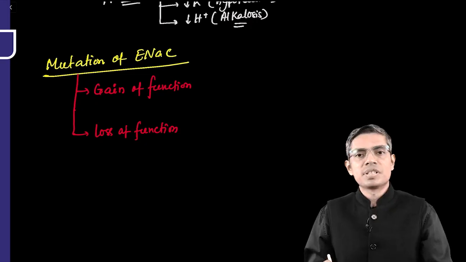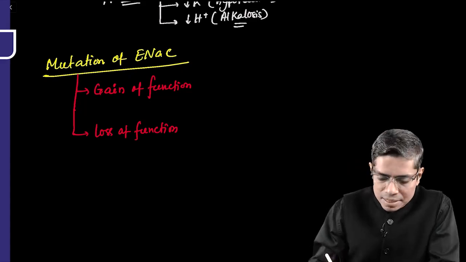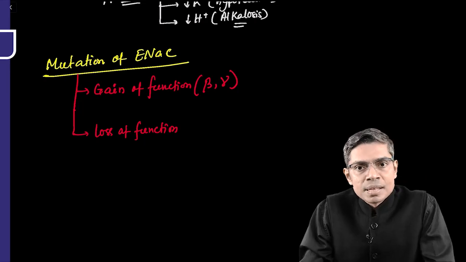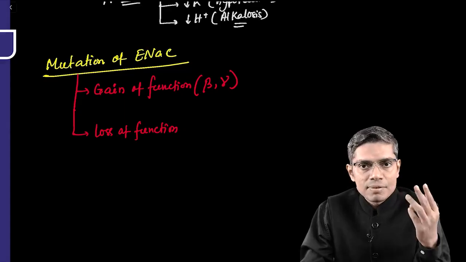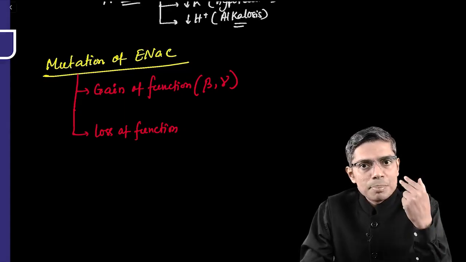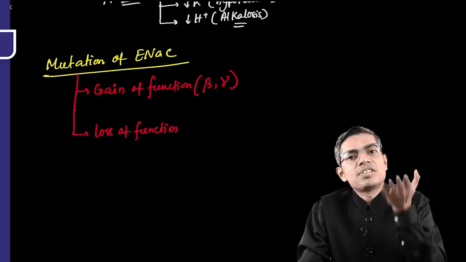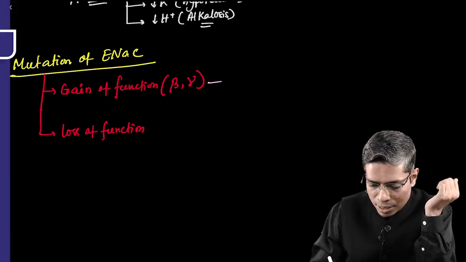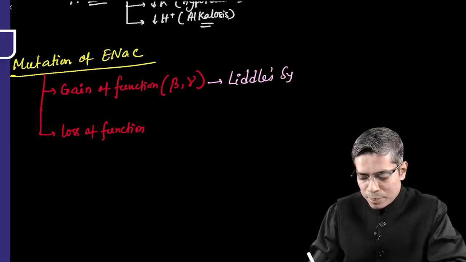Typically, this kind of mutation, where the ENaC channel is mutated and there is an increase in function, happens when the beta subunit or the gamma subunit is mutated. This ENaC channel has three subunits: alpha, beta, gamma. If the beta or the gamma subunit is mutated, there will be an increase in function of the ENaC channel, and this disease is known as Liddle's syndrome. Getting my point?